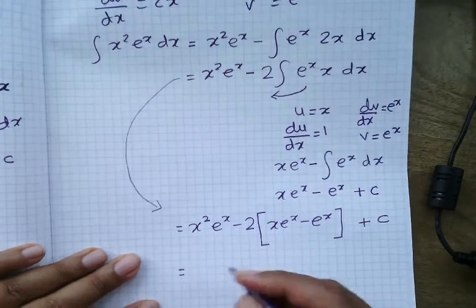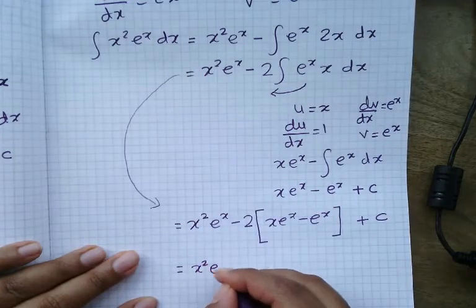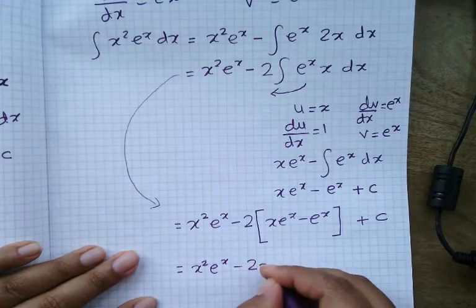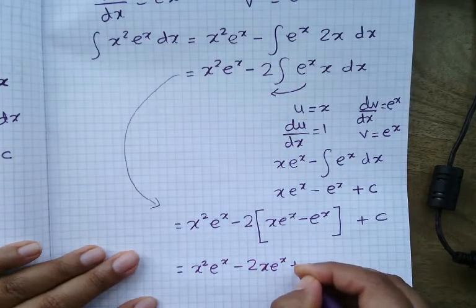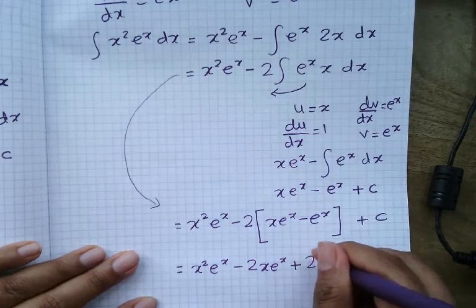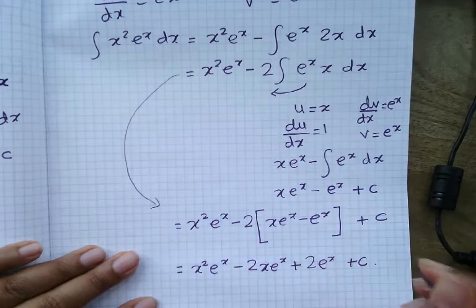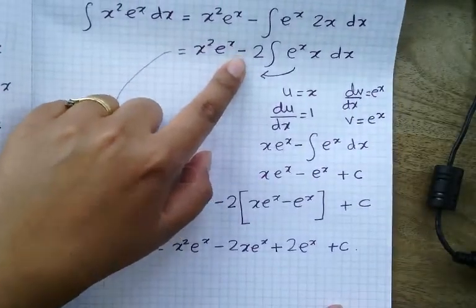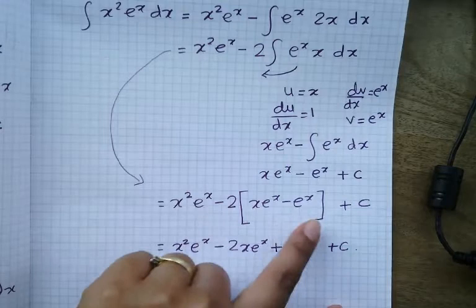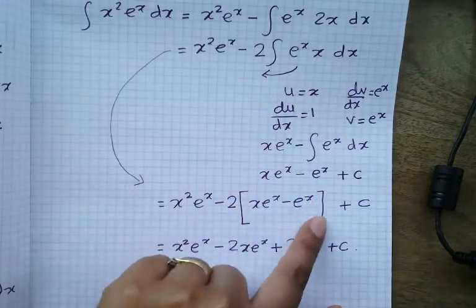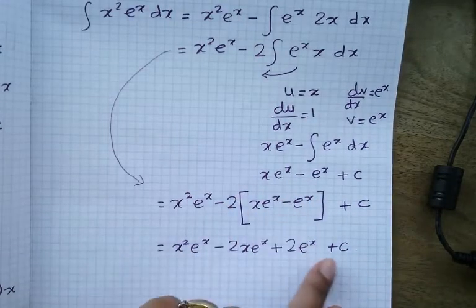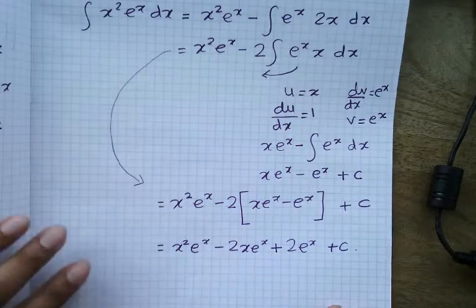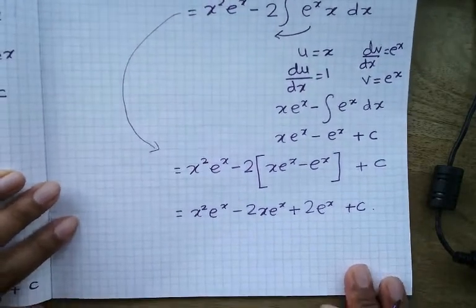So that gives me x squared e^x minus 2x e^x plus 2e^x plus c. Okay, be very careful with your signs, especially if you've got a minus there. Okay, loads of students miss that out, and they forget to put this big bracket there, and they always get this last sign wrong. Okay, so be very careful with your bracketing and your signs.